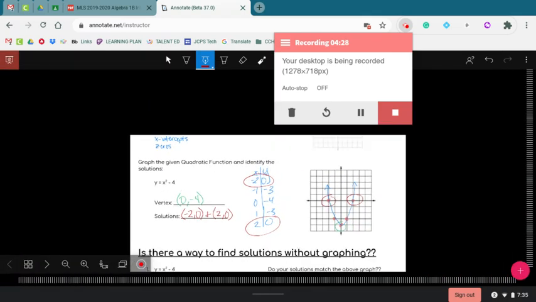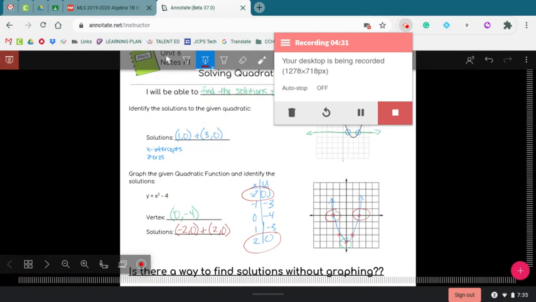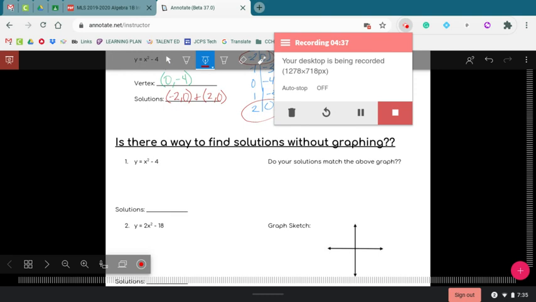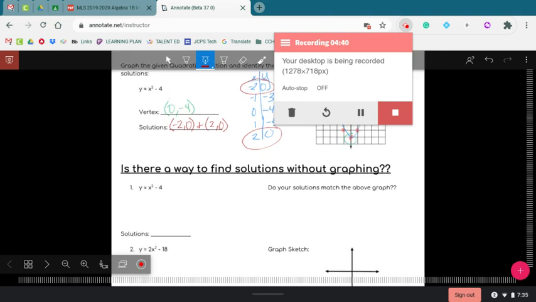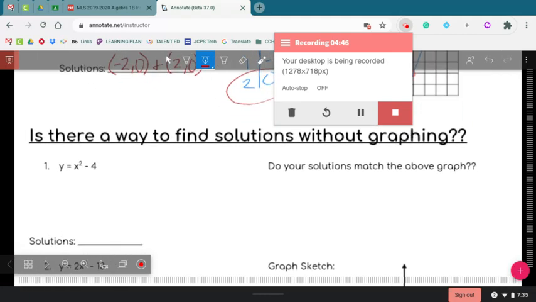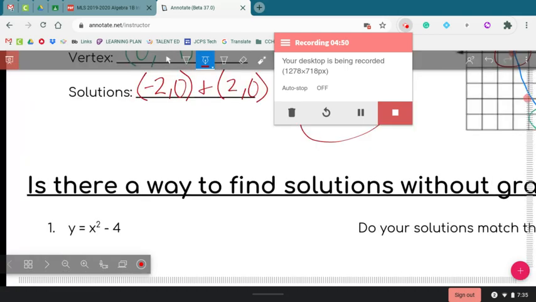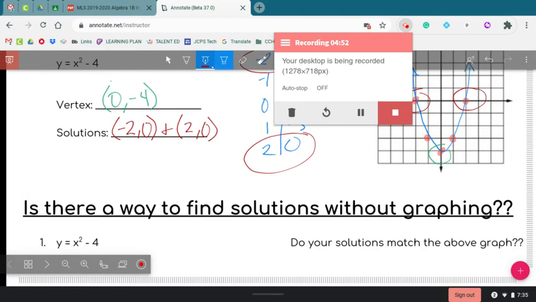So on our first two examples, we've always used our graph to find our solutions. So going down, we're going to figure out a way to see if there's a solution without graphing. So this first one, we have y equals x squared minus 4. So we're going to do it a different way, but we're still going to get our solutions. So anytime you want to find your solutions, if you remember from above, our y value is 0.